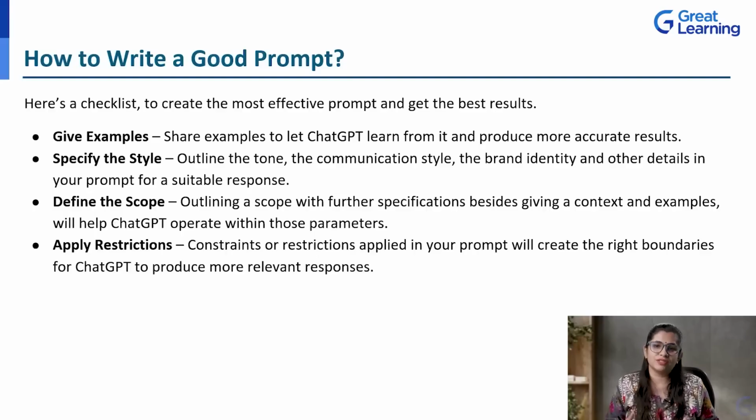Next is applying restrictions. Restrictions could be the length you want, the output length, the token length. When you apply those constraints, they create the right boundaries for ChatGPT to produce relevant responses.